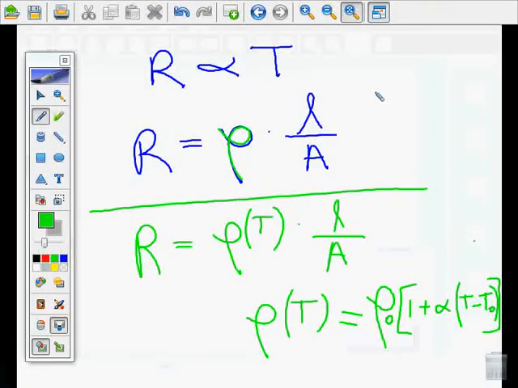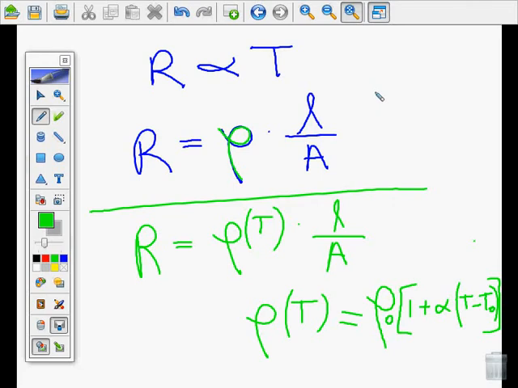So it turns out that the resistivity actually changes depending on the temperature. And usually you're given the resistivity at room temperature. But you need to know that if the temperature goes up, then the resistivity would go up and the overall resistance of the wire would increase.